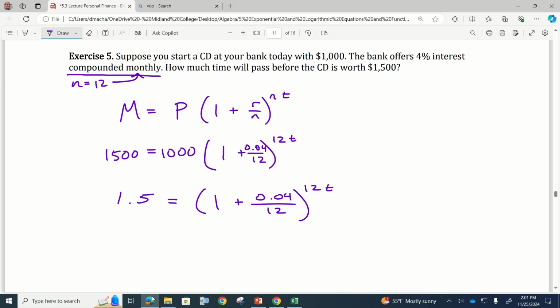We are trying to solve an exponential equation where the variable I'm trying to solve for is in the exponent. If this happens to you, you can solve it by taking the natural logarithm of both sides. So take the natural logarithm of the left side, and then take the natural logarithm of the right side.